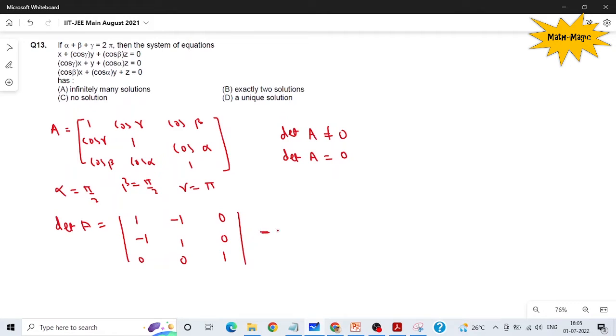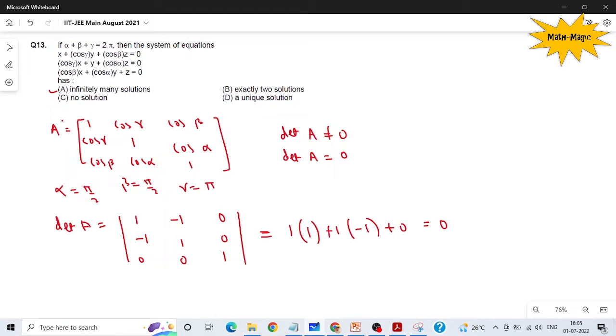The value of this determinant is 1 times (1 minus 0) minus (minus 1) times (minus 1), and then plus 0. So the value of this determinant is 0, which says that it has infinitely many solutions. So option A is correct.